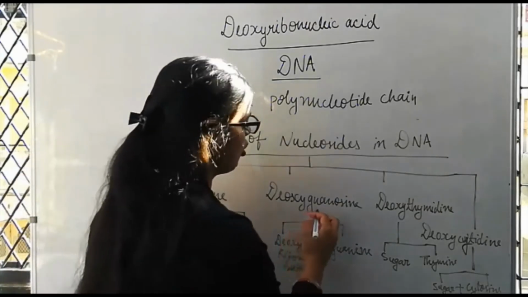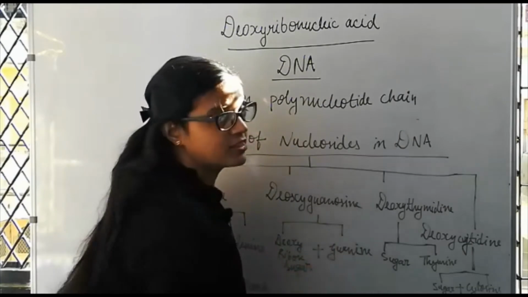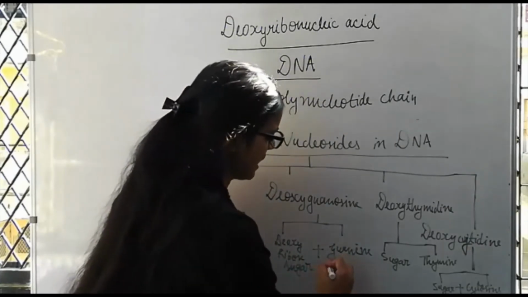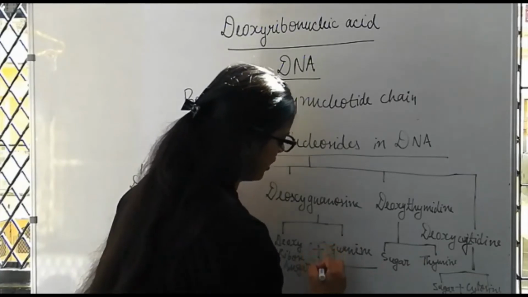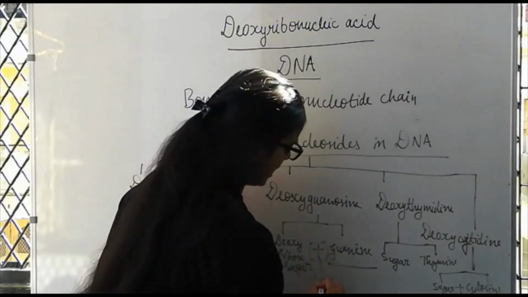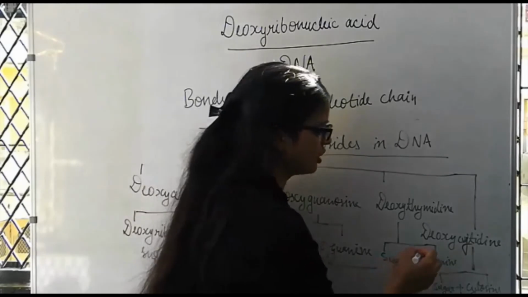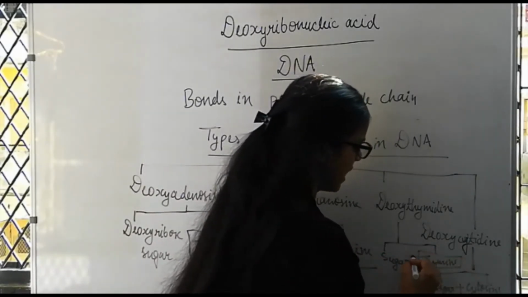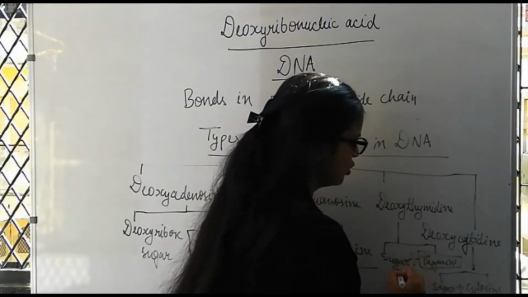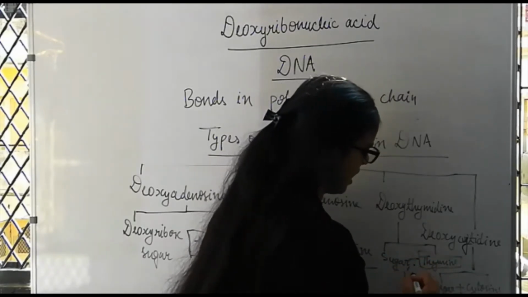Whereas in deoxyguanosine, we know that guanine is also a purine, so the type of glycosidic bond is 1-9 type. And as we know, thymine is a pyrimidine, so the type of bond between sugar and thymine is 1-1 type.